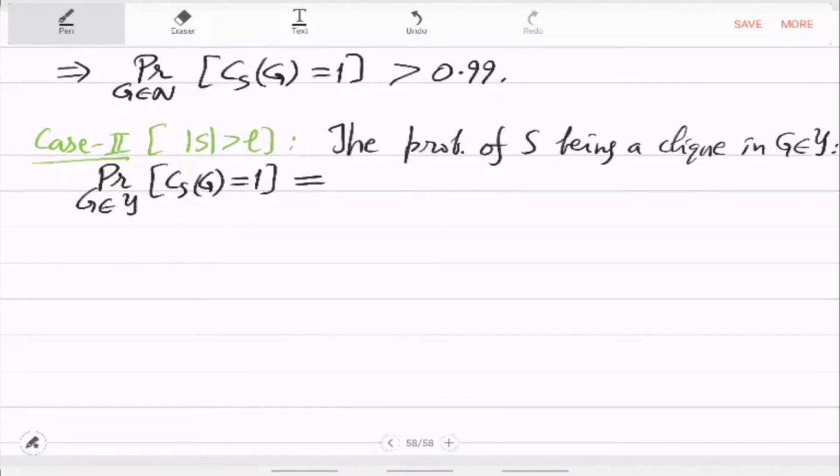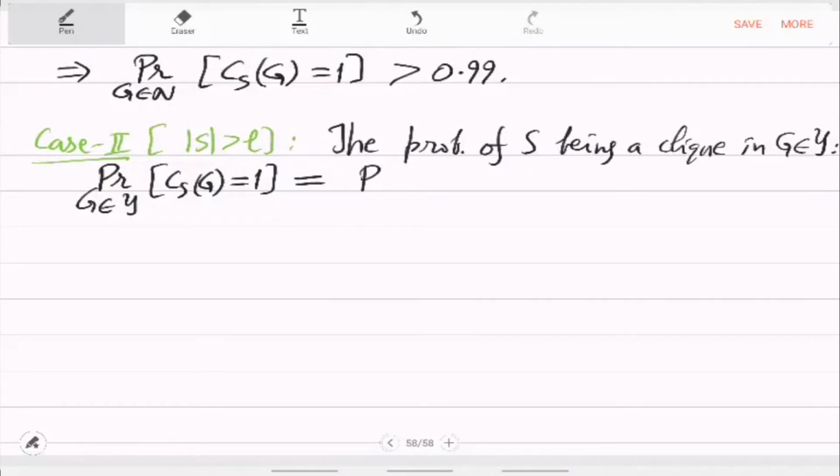S will be a clique only when, in the yes input distribution, it is contained in the clique, right? So in a yes input instance, this G is already a K clique. So S has to be a subset of that if you want to see a 1 in the answer.